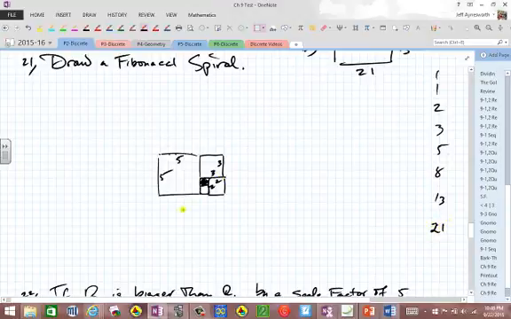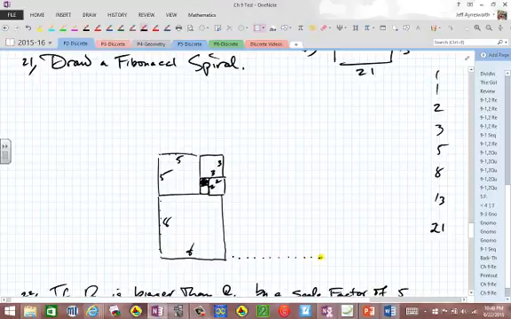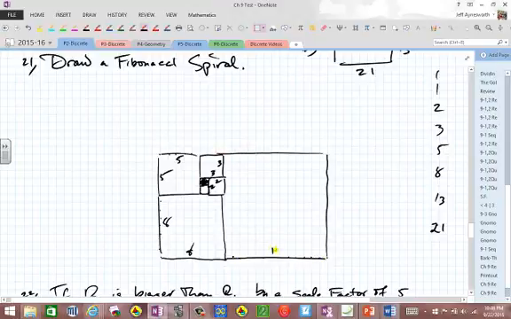So here we went down, right, up, left, down. It's an 8 by 8. And then a 13 by 13. Why? Because 5 and 8 is 13, right? 13 by 13.